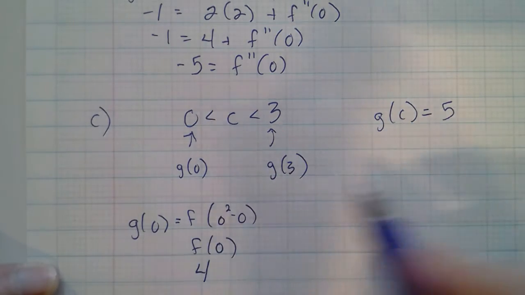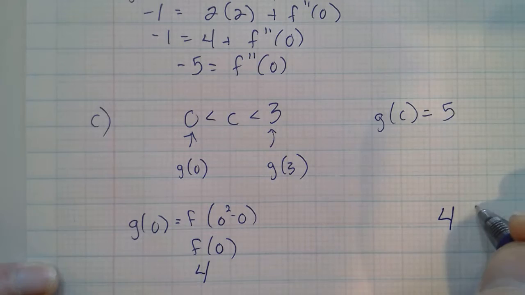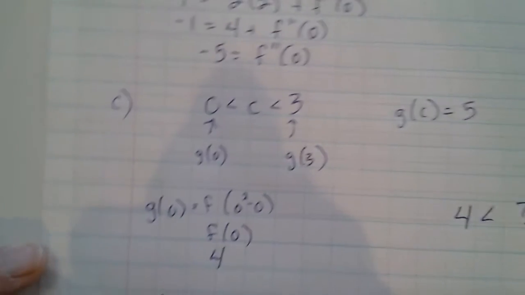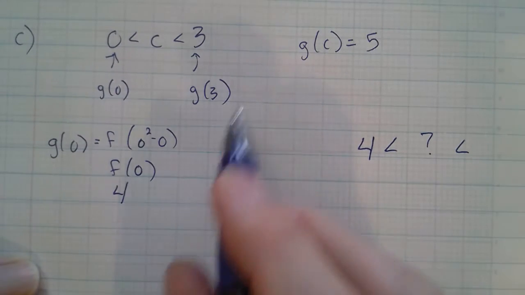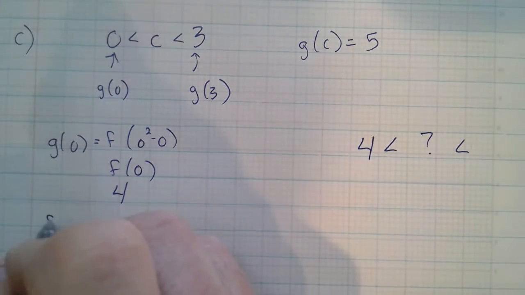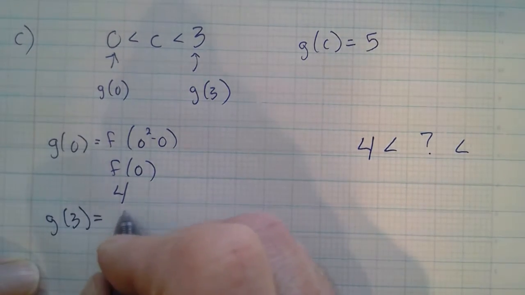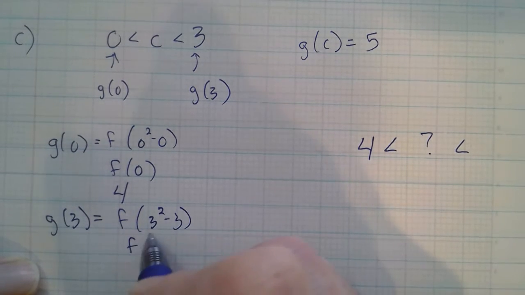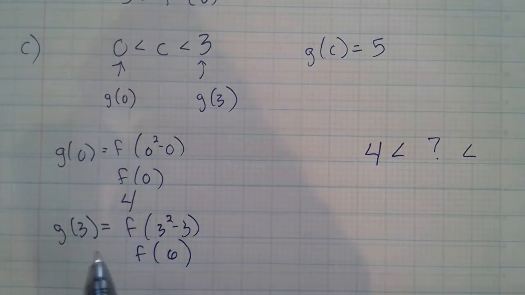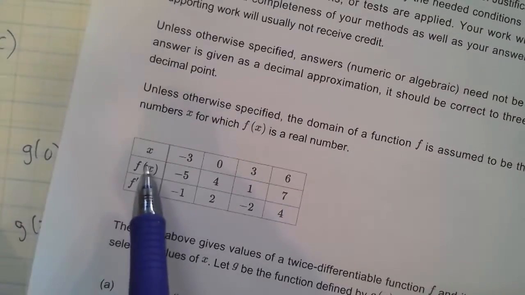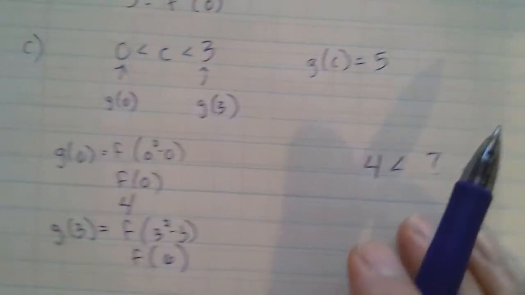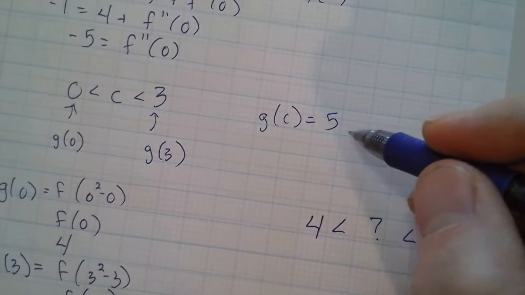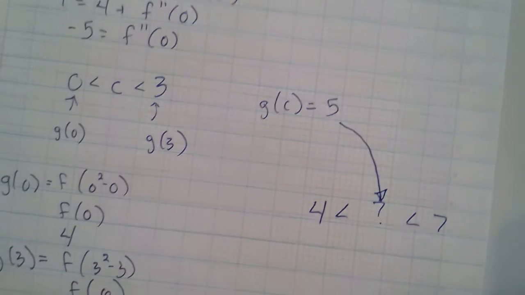So our first, it's between 4 and something. So now let's figure out what g of 3 is. That's the same as f of 3 squared minus 3, so that's f of 6. F of 6 is 7. All right, so we do have our 5, which is in between 4 and 7.